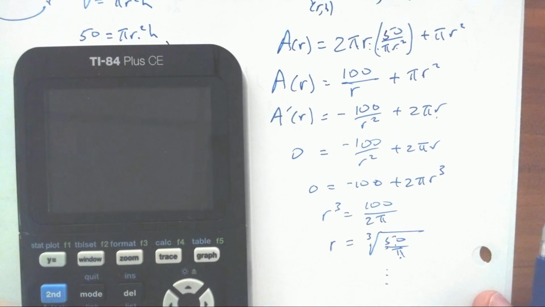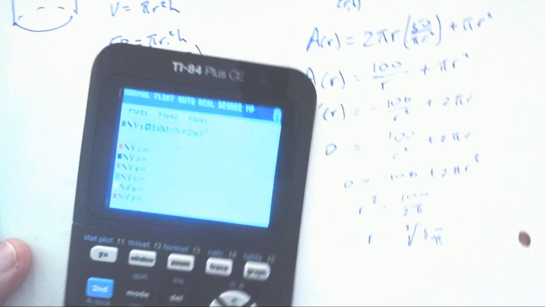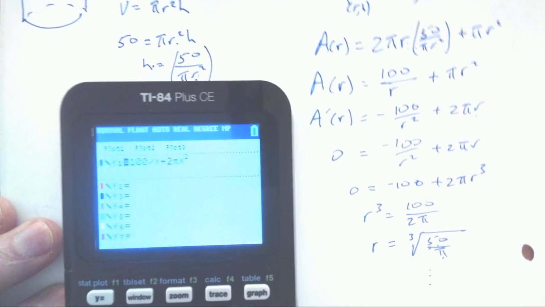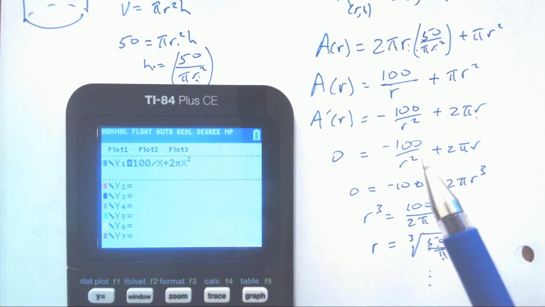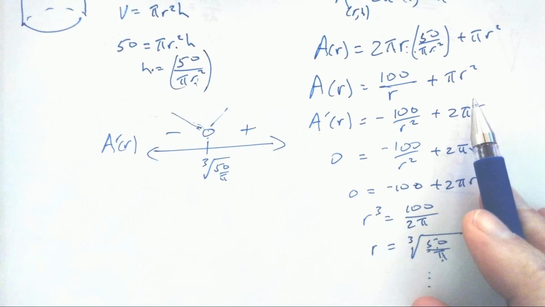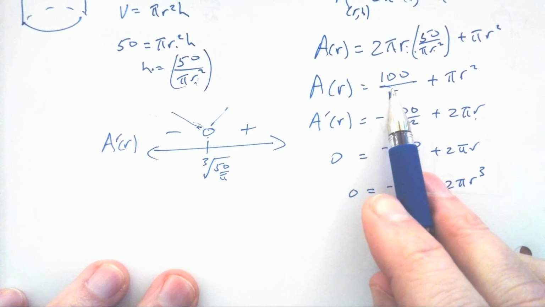So let's go into Y equals, and you can see here I've got, is this my equation? Here I've got negative 100, should it be positive, should it be negative? I don't know why it became negative here.